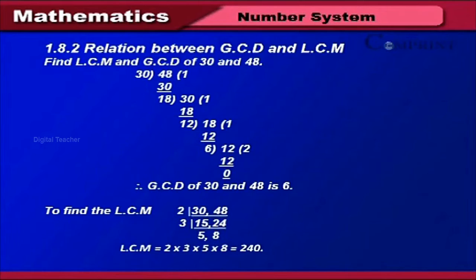To find the LCM, write 30 and 48 and divide with 2. We get 15 and 24. Now divide it by 3. We get 5, 8. So the LCM 2 into 3 into 5 into 8 is equal to 240.